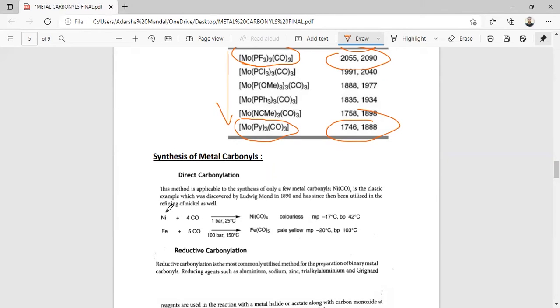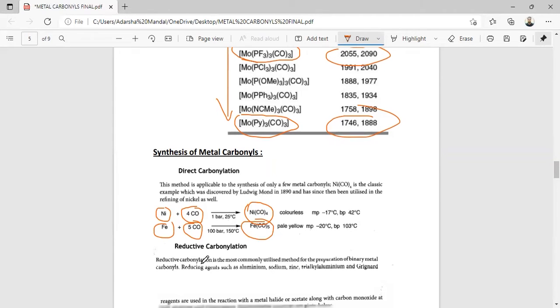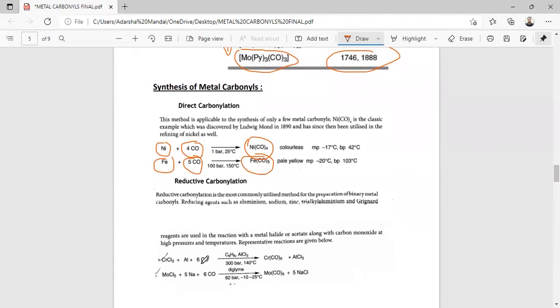Here the nickel metal reacts with 4 molecules of CO to form Ni(CO)4. Similarly, iron reacts with 5 molecules of CO to form Fe(CO)5. Another method is reductive carbonylation.